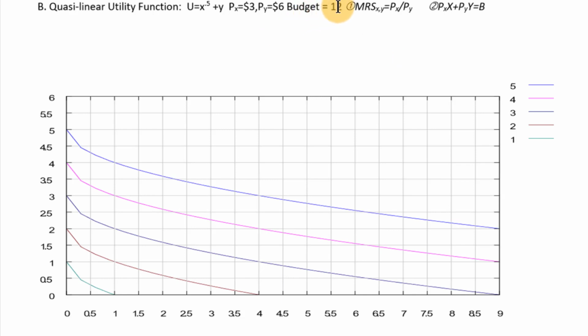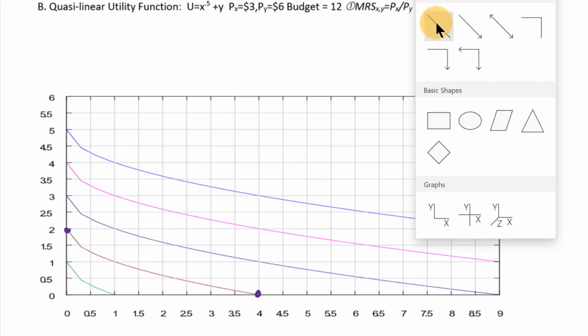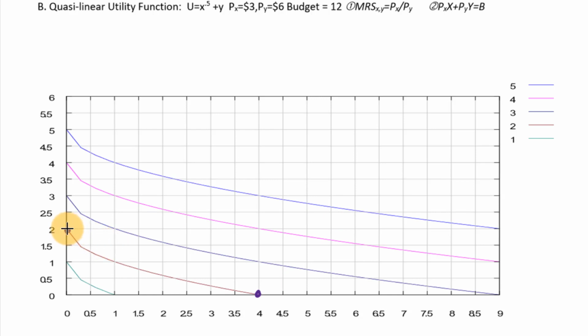So if we spent $12 all on X's that cost 3, how many could we afford? 4, okay. And if we spent all $12 on Y's, we could afford 2.